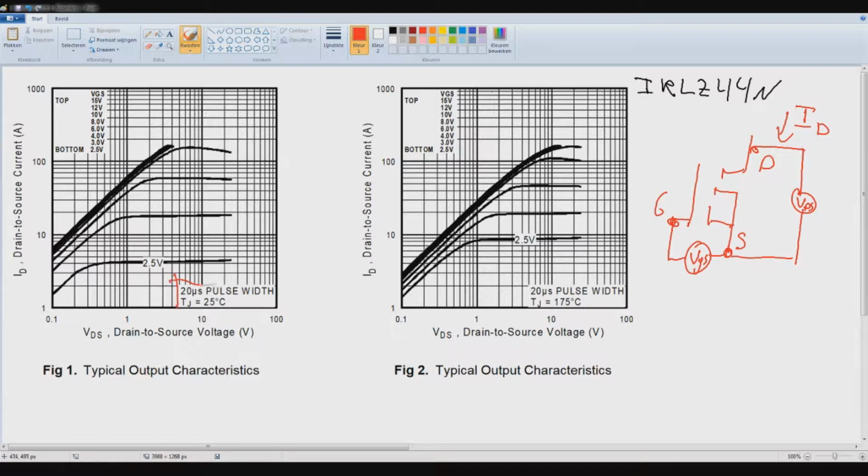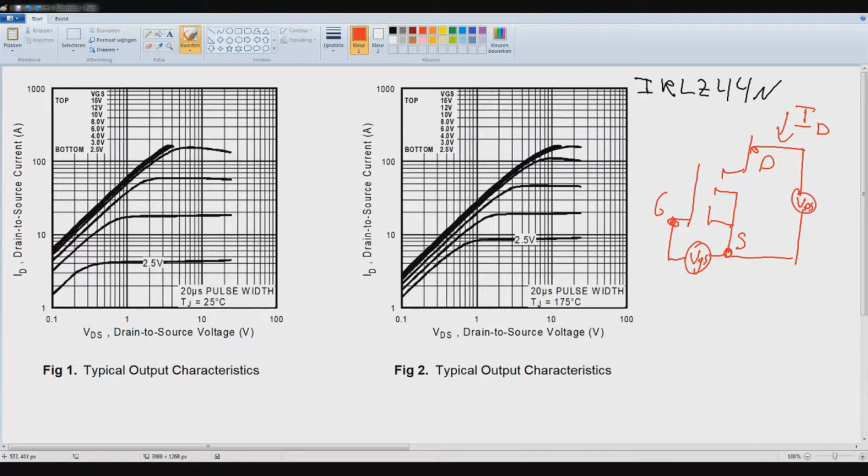Alright, so here we can see the operating parameters, such as a 20 microsecond pulse width and a junction temperature of 25 degrees Celsius, which is just the startup, so when you just turn it on, and mostly it's room temperature, a little bit higher.